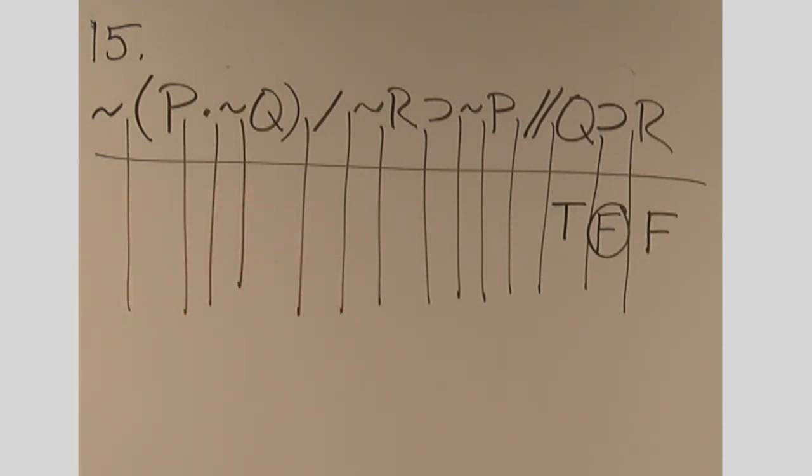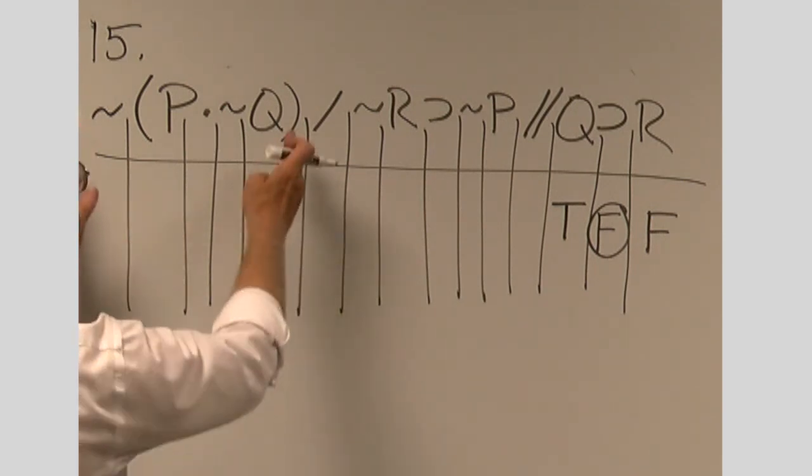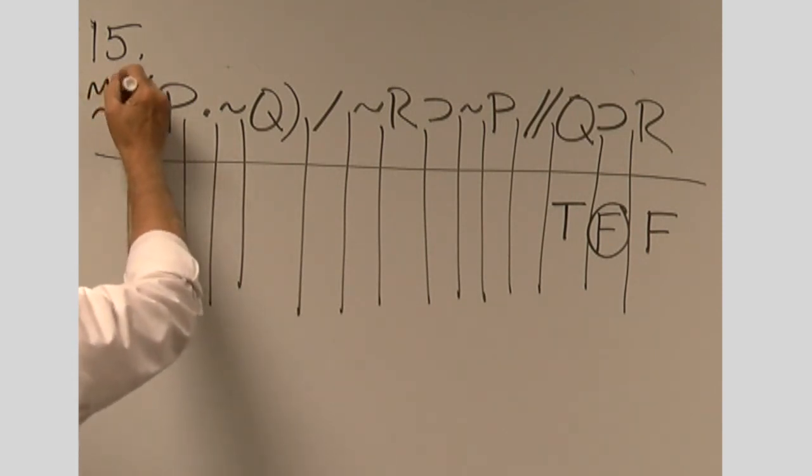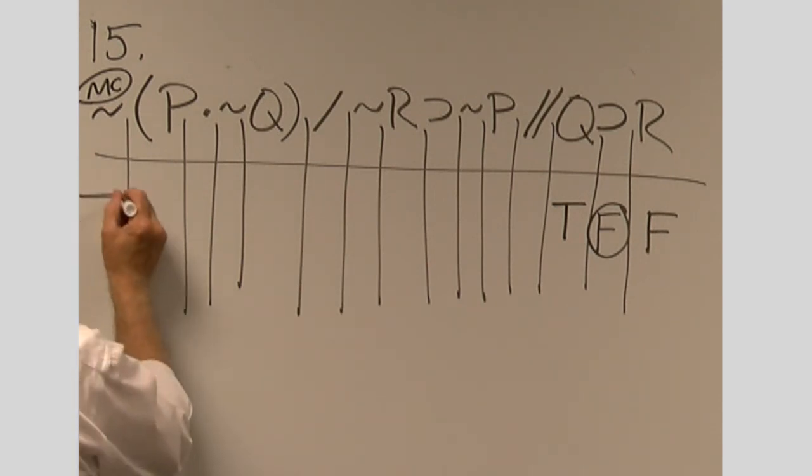You may decide on your own way, more power to you. But if you want a foolproof method, I'm going to encourage you to always go left to right, go to the first premise, find the main connective. That's the tilde here, and set that guy to be true.